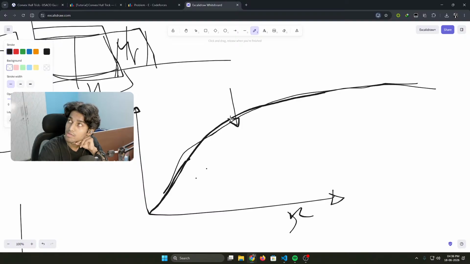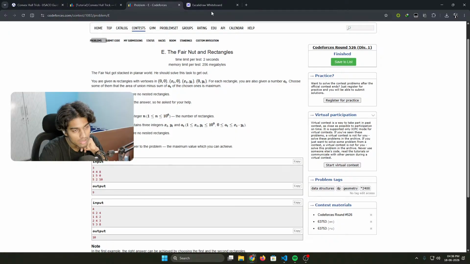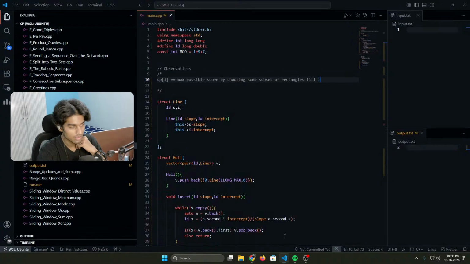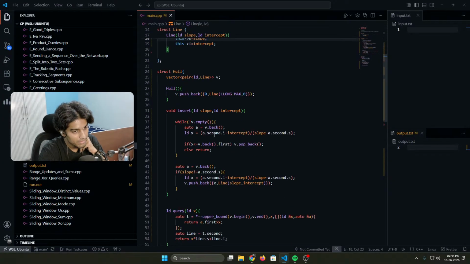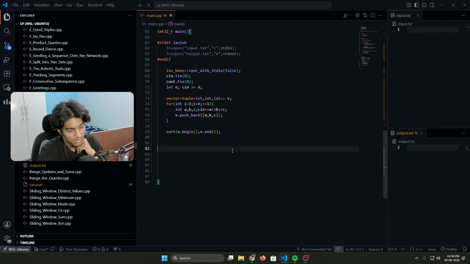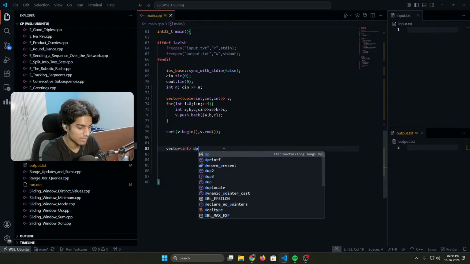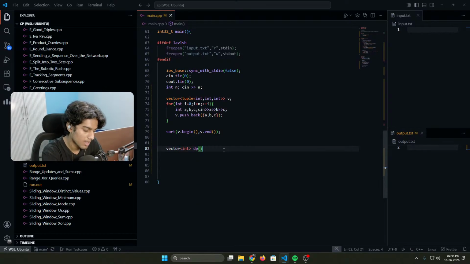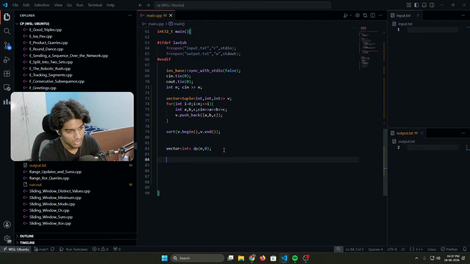Wait, can we use penalty function? There is nothing. There is no situation here. Okay. Let's create a vector of this DP, of size n.